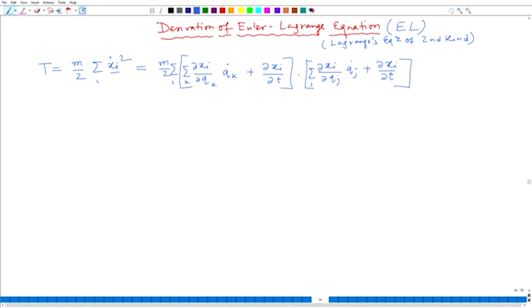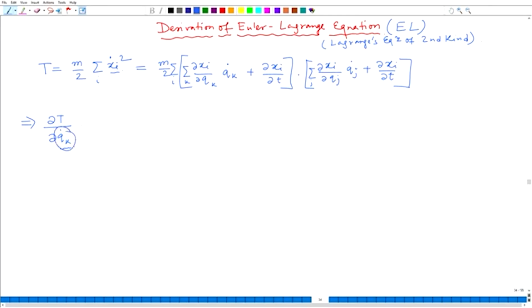Now, I will directly calculate del T del qk dot. I am just taking one specific generalized coordinate qk, and qk dot is the corresponding generalized velocity.